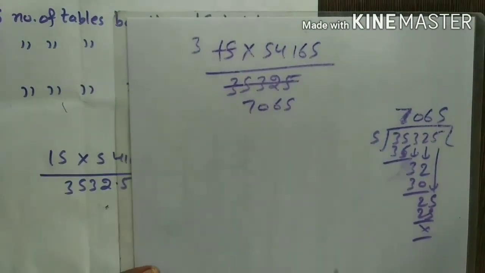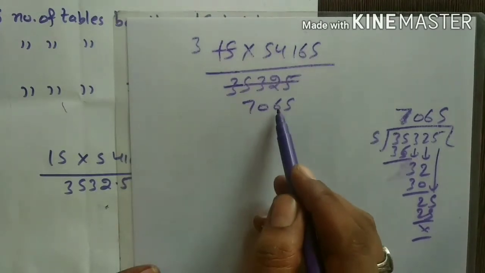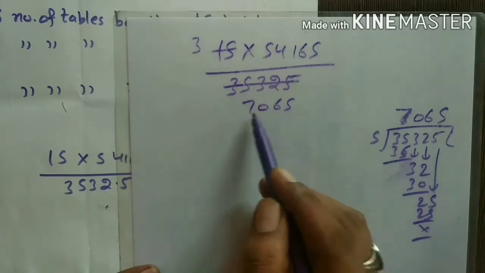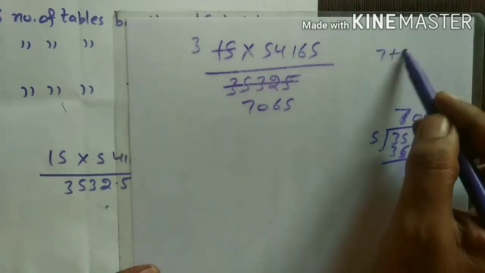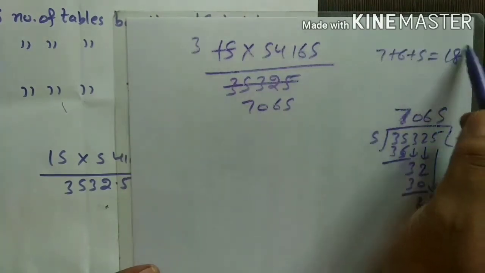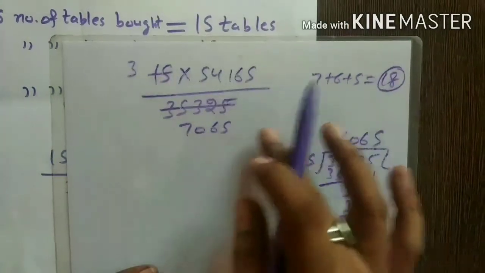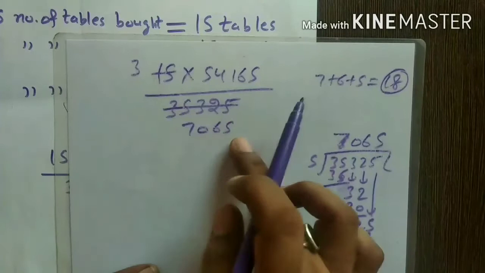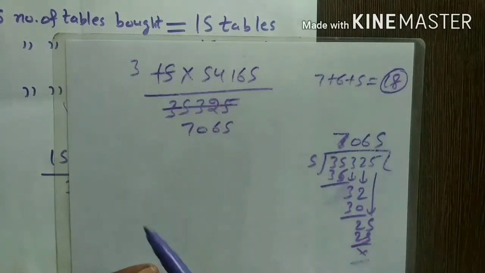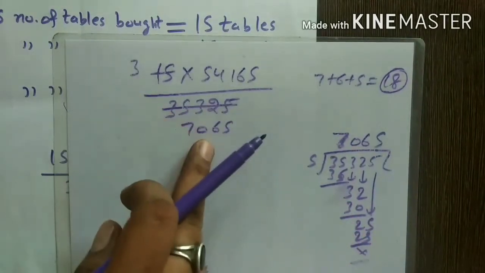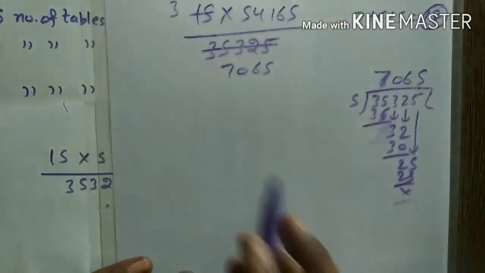Now student, you will see that 7 plus 6 is 13, 13 plus 5 is 18. The sum of the digits is 7 plus 6 plus 5, that is 18. If the sum of the digits is 18, then this number is divisible by 3. So I can exactly divide this by 3. So I divide this.